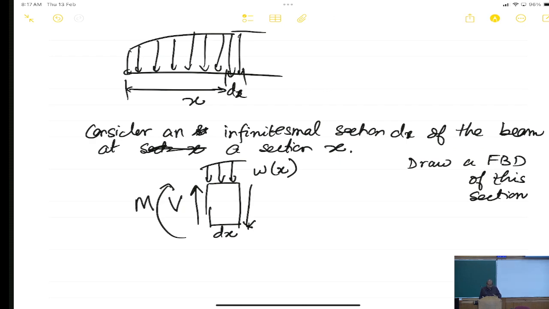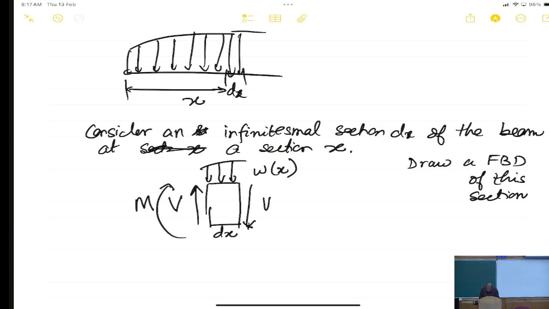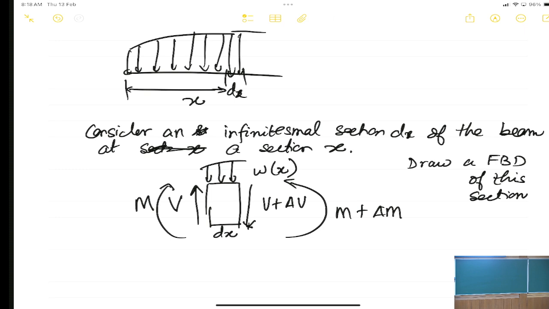So, the moment coming here is clockwise M. On the cut section on the right, the shear force will be V plus delta V, and the moment by our sign convention will be M plus delta M. So, this is the total free body diagram of the cut section of the beam: shear force and bending moments on the two sides, and the load acting from the top.